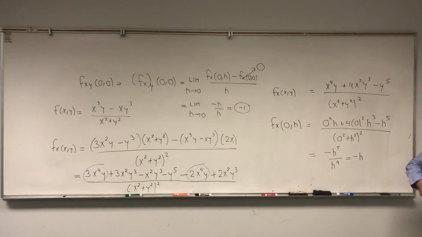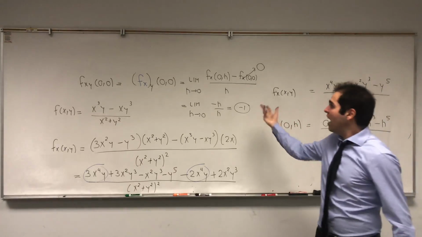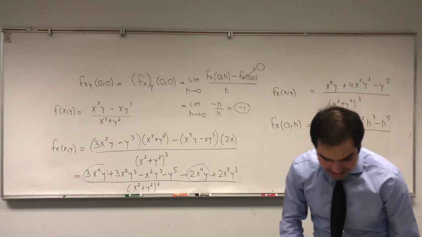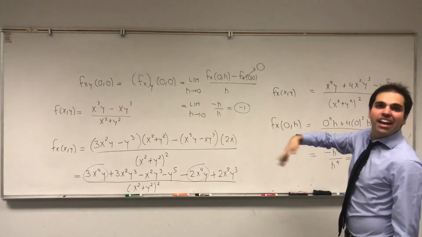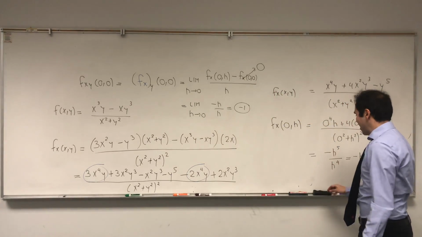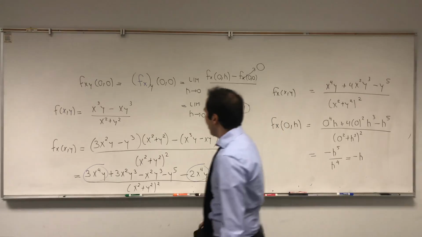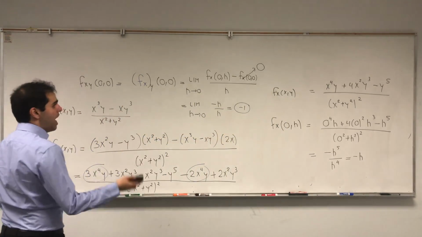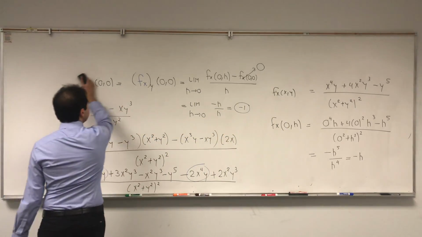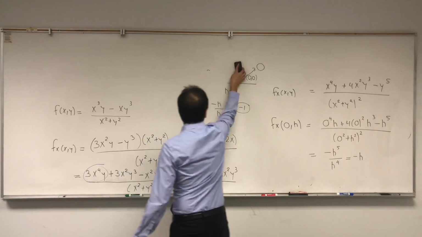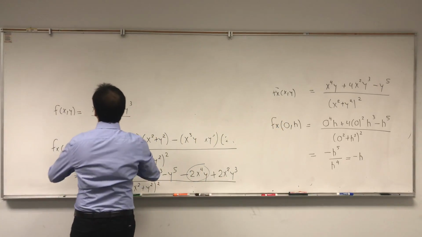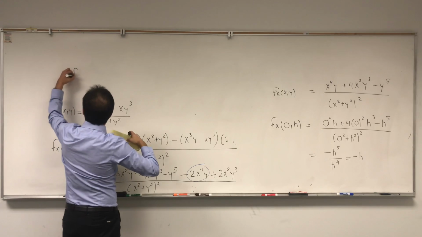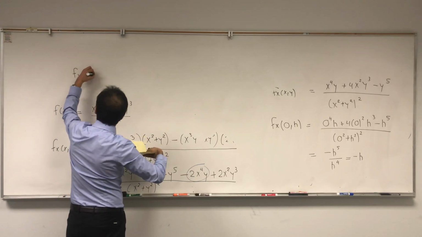So interestingly, f_xy at (0, 0) is minus 1. Let's do the other way, or if you want, you can just fast forward if you like. Let's now do f_yx at (0, 0).